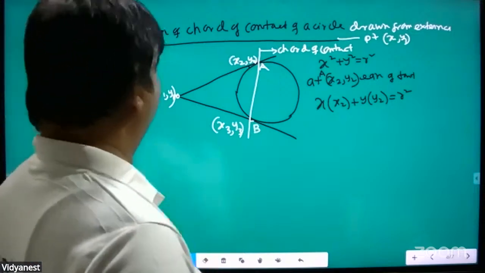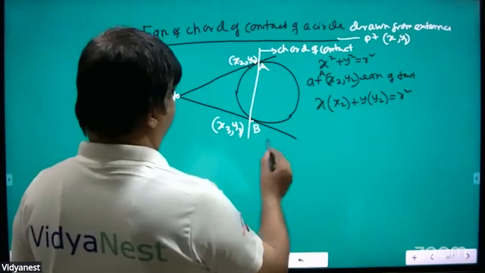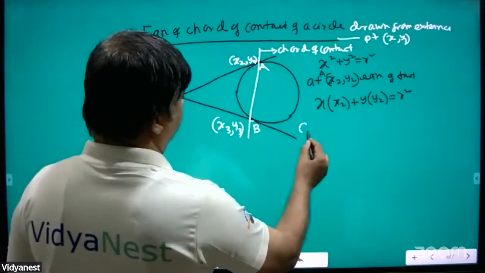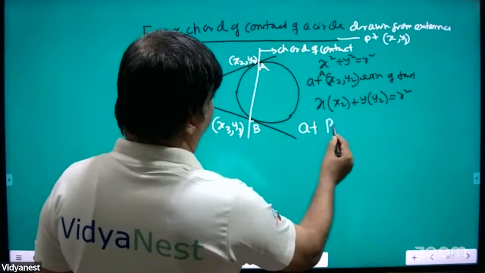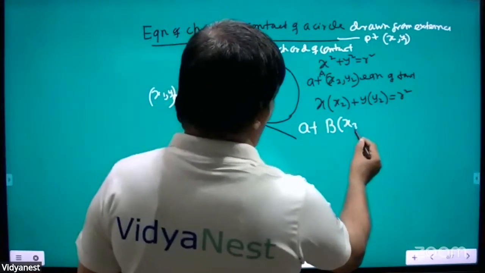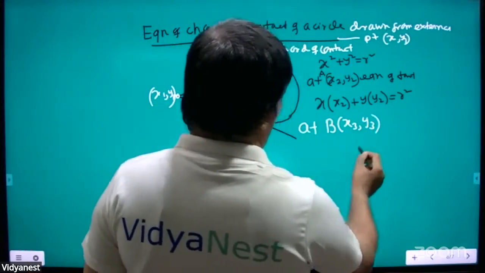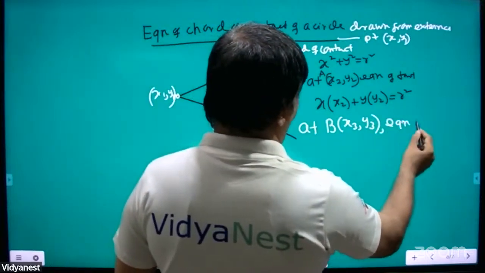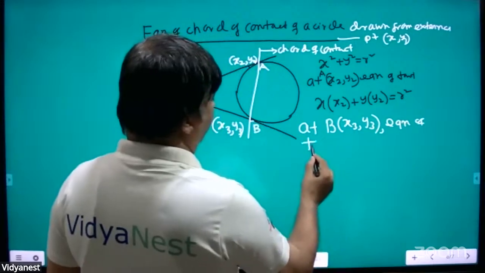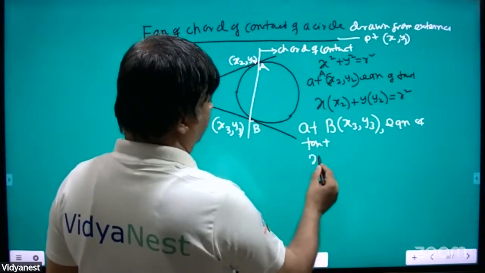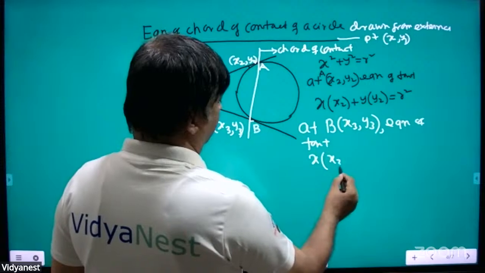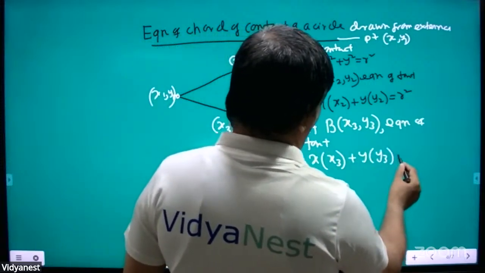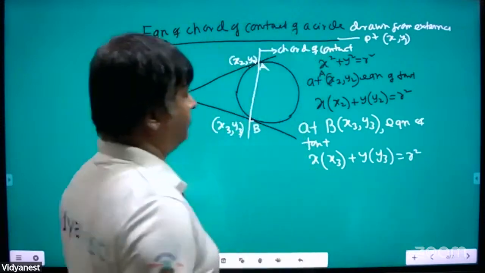And at B, that is x3 y3, equation of tangent: x x3 plus y y3 is equal to r square.